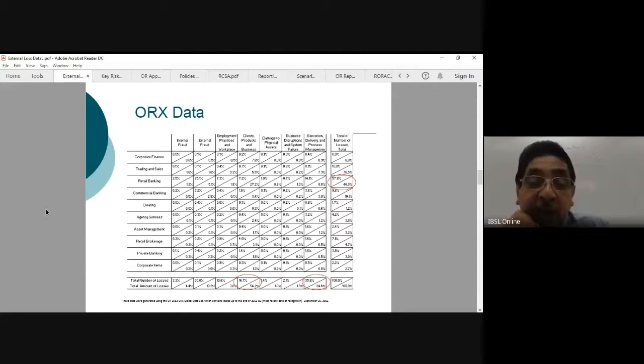Now, in order to read that, you should go into these lines, the final lines. At the bottom, you have a row, and at the right side, you have a column.